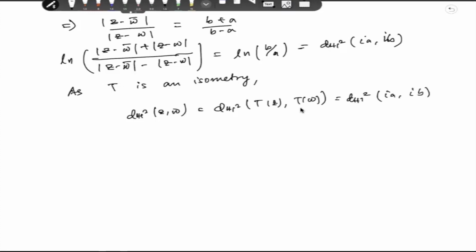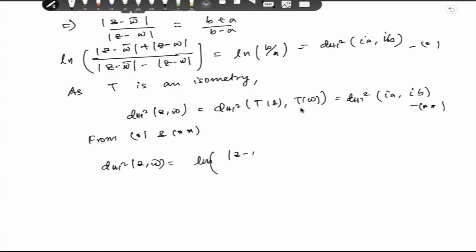Therefore, from these two equations, what we have? The distance between Z and W is equal to log of (mod of Z minus W bar plus mod of Z minus W) divided by (mod of Z minus W bar minus mod of Z minus W).